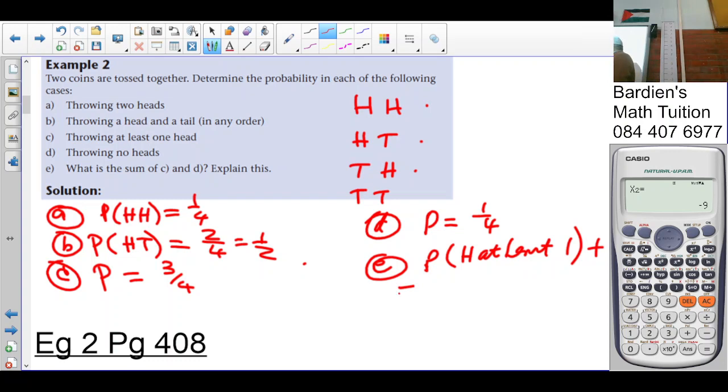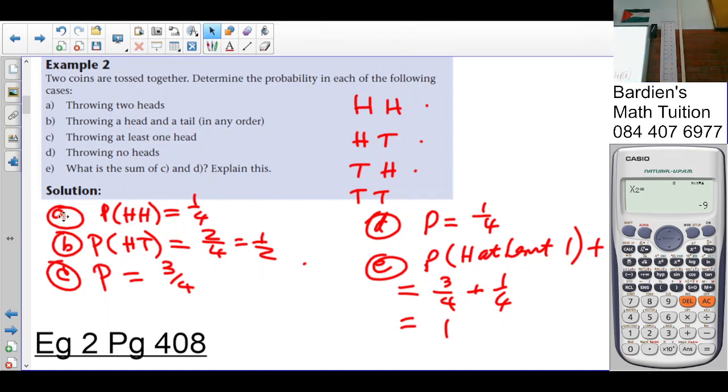Okay? So that's going to give you 3 out of 4 plus 1 out of 4, which is 1. So what do you notice here? That they add up to 1. This is what we call complementary events. Not so? They're complementary, they add up to 1. 100%. Okay?